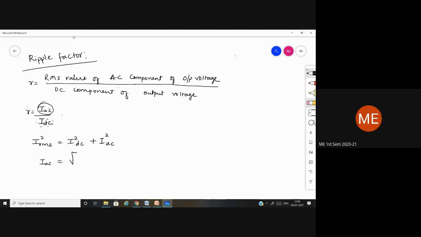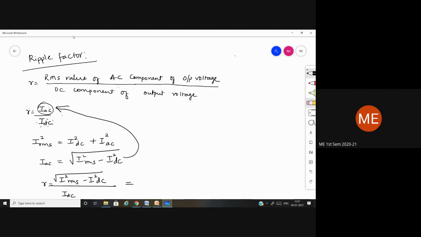So we take this equation and rearrange it. IAC is equal to root of I square RMS minus I square DC. Now substituting here, r is equal to root of I square RMS minus I square DC divided by IDC. We take IDC inside the root, so we get I square RMS minus I square DC by I square DC, whole root.